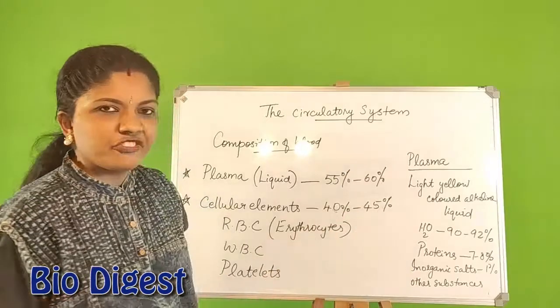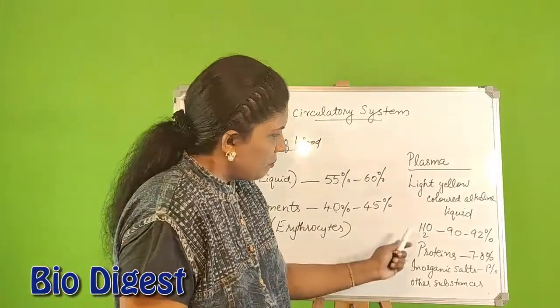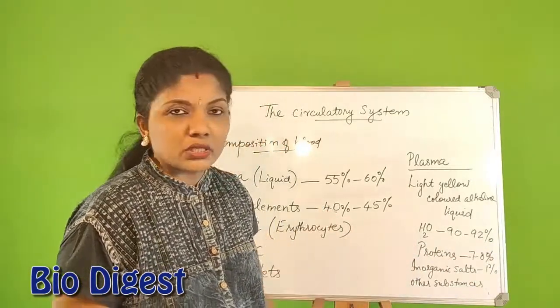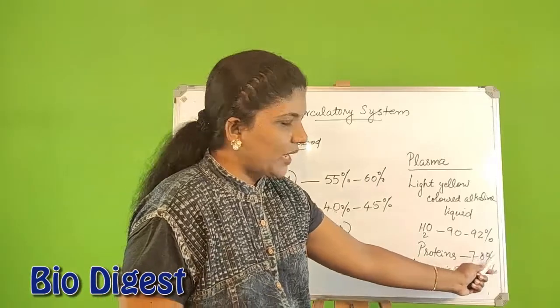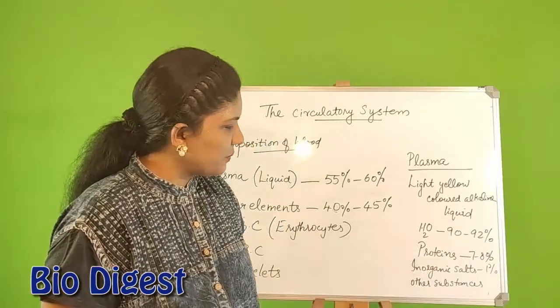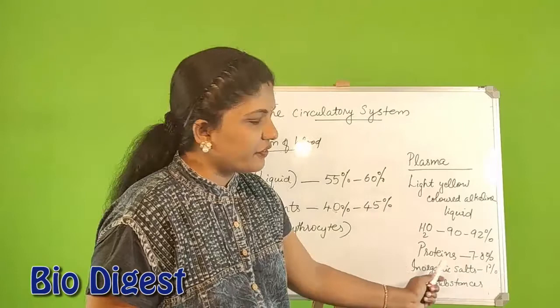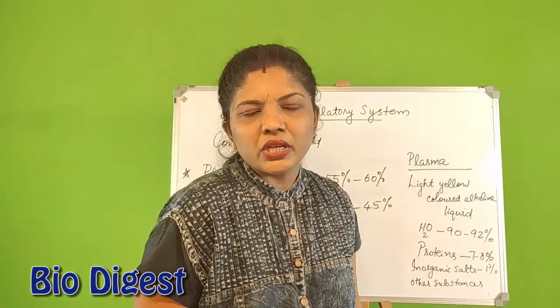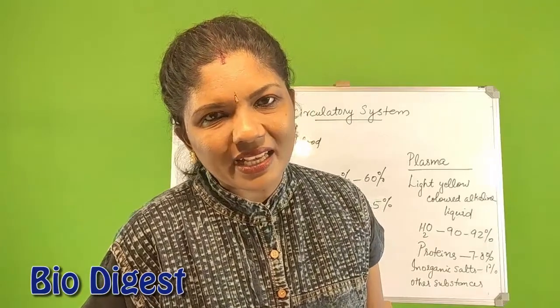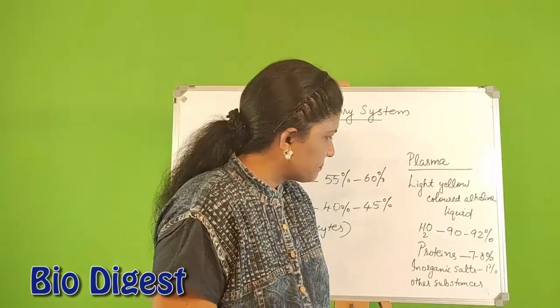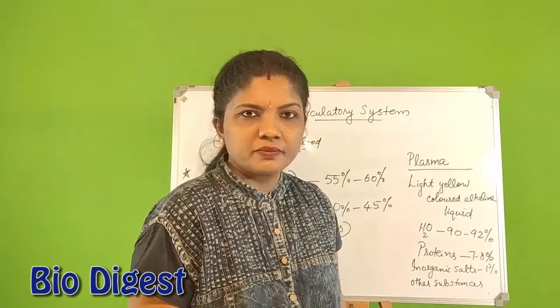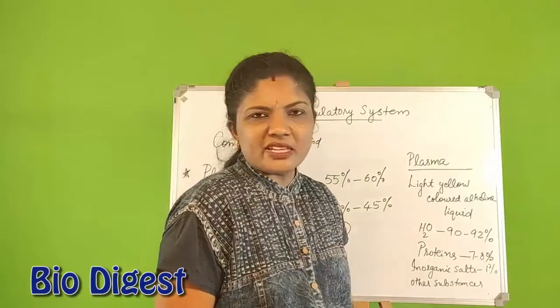What is the composition of blood plasma? Blood plasma contains 90 to 92% of water, 7 to 8% proteins, 1% of inorganic salts. Inorganic salts mainly include sodium chloride, sodium bicarbonate, etc. And other substances are present in traces.